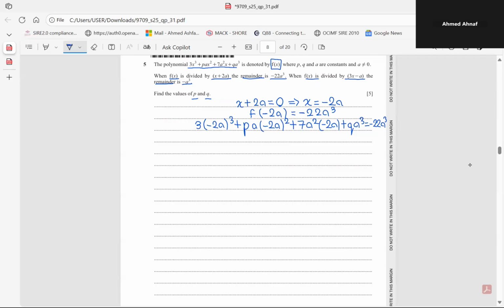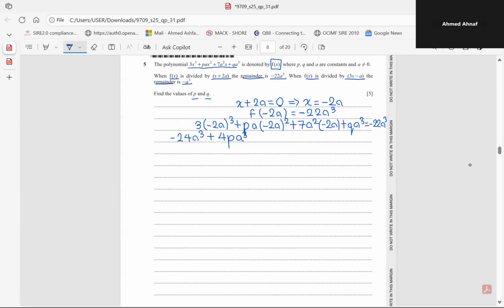So minus 2a cubed, that's just minus 2 cubed times a cubed, which is minus 8a cubed. And minus 8a cubed times 3, that's minus 24a cubed. And then minus 2a squared, that is 4a squared. And 4a squared times p times a squared, that is 4pa cubed.